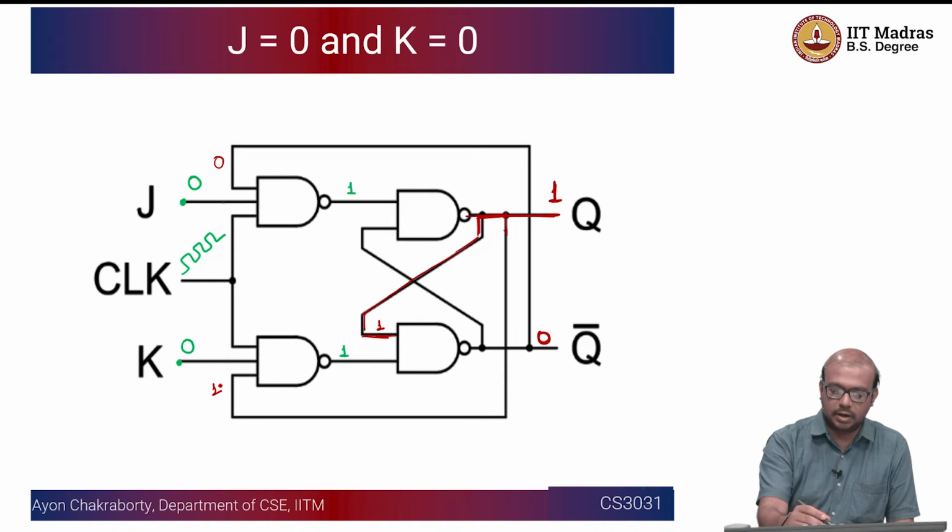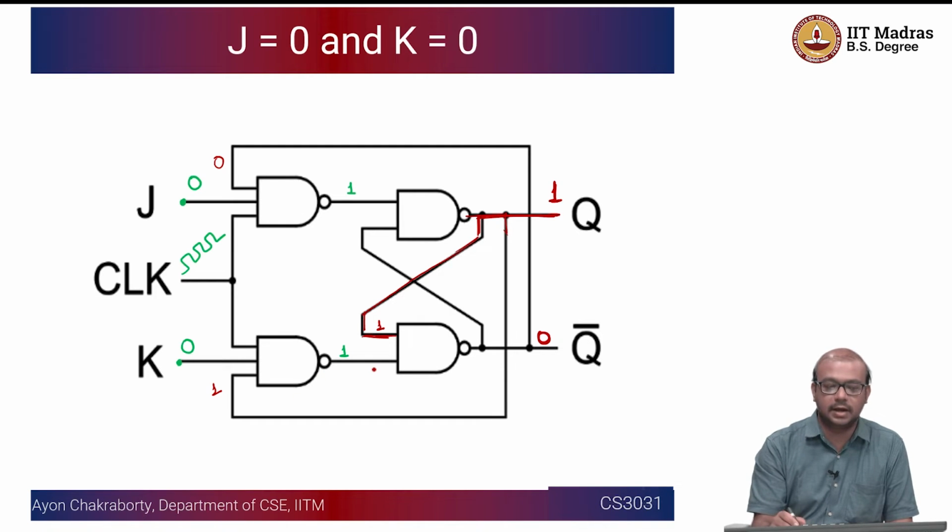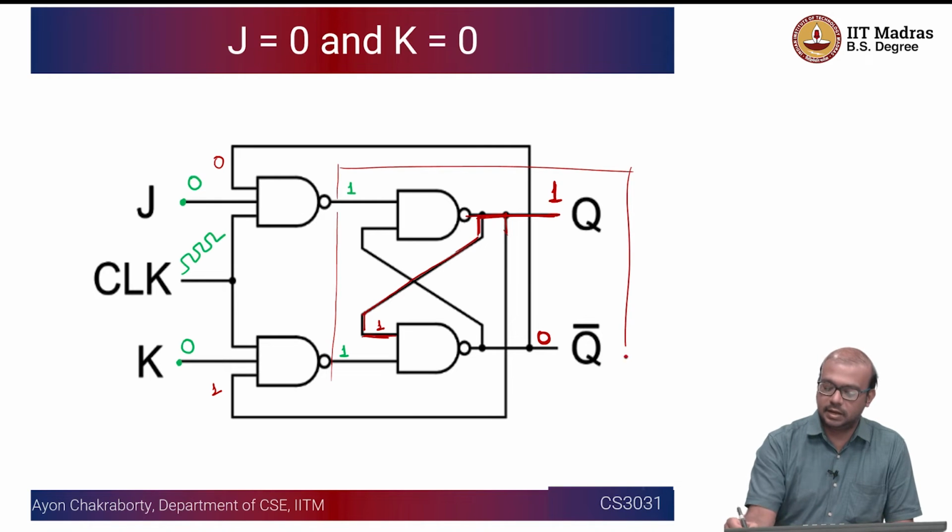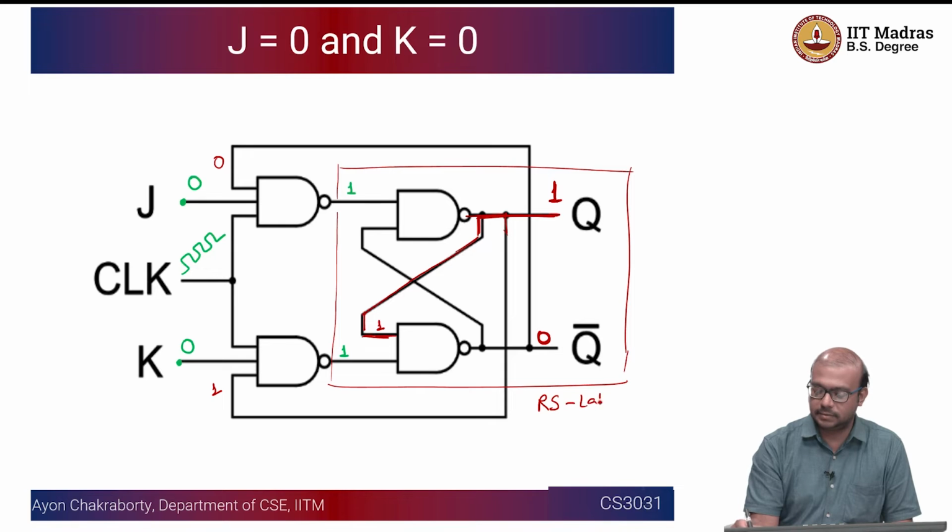So in this 0 0 mode it doesn't matter. If they are 1 0, the NAND gate output has to be 1. So if you have 1, this is coming as 1, 1 and 1 is 0, this becomes again 0. This was a revision, but you can think of this again as an RS latch.